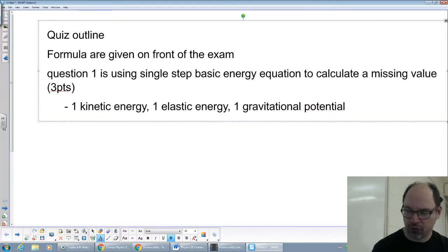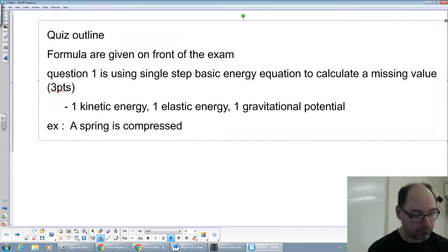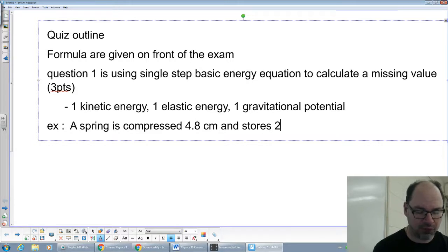They're not that hard. So as an example of that, a spring is compressed, let's say, 4.8 centimeters, and stores 205 joules of potential energy.